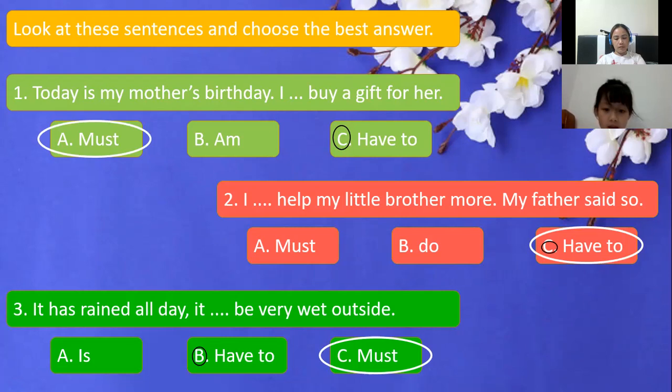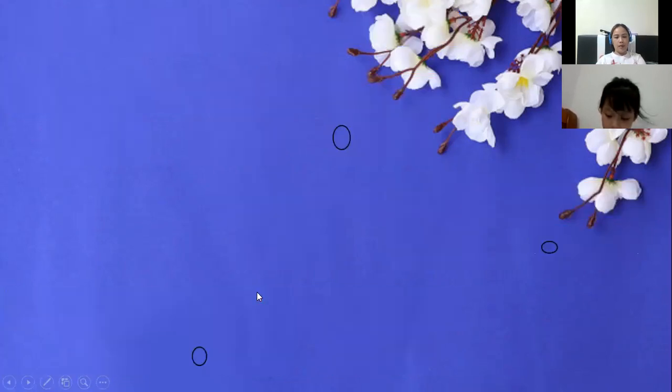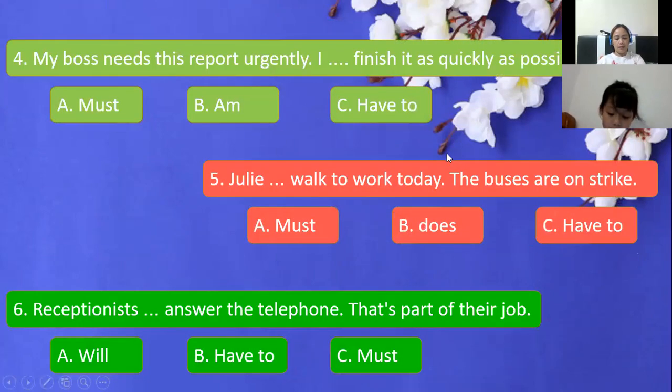I have to help my little brother more. My father said so. It has rained all day. It must be very wet outside. Yes. Next.